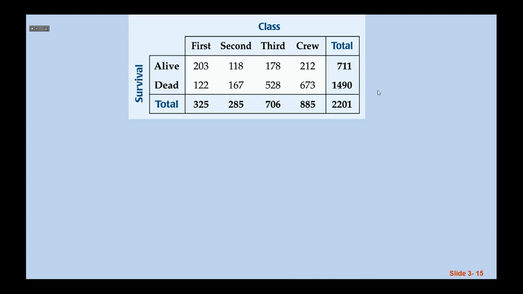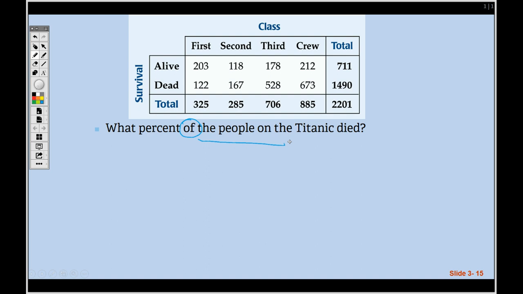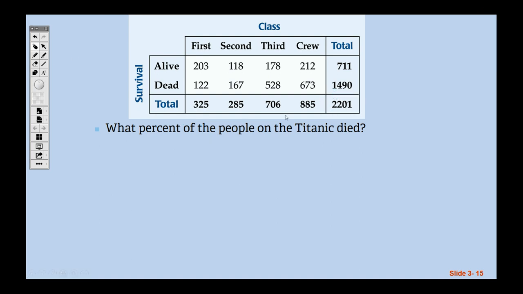So if we have our data here and we're asked something like what percent of the people on the Titanic died, we're saying this is out of all of the people on the ship. That's out of 2201. So what are we dividing by here? What is this total sample space?